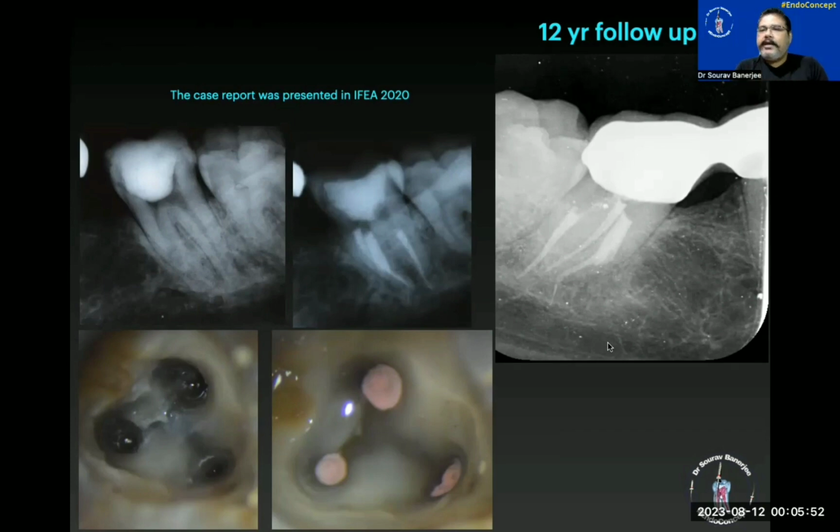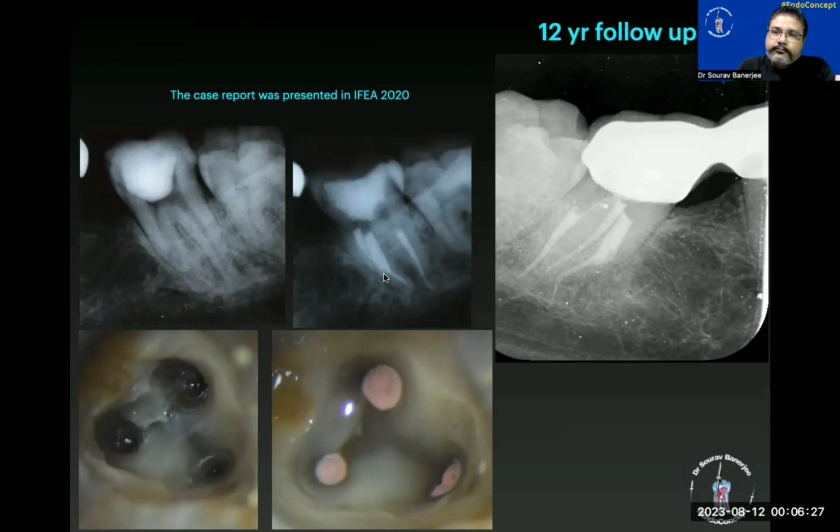Whenever we are doing cases that are a bit different from our routine procedures, and we have done something different, we have to always keep the follow-ups happening. Follow-ups tell us how the procedures we have adopted are actually working, whether it is working or not. Sometimes in the initial stage someone may think that so much dentin has been sacrificed, maybe the tooth will not survive.